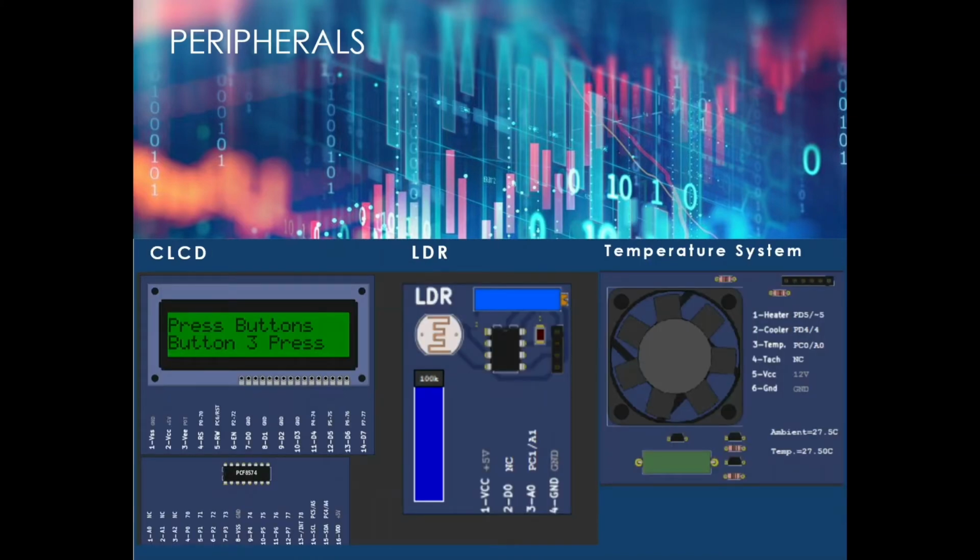LDR will be used as a light source, which will judge whether the environment has good light or low lighting, based on which our LED will glow. If we increase the intensity of the LDR, our LED will go low, and if we decrease the intensity of the LDR, our LED will glow up.